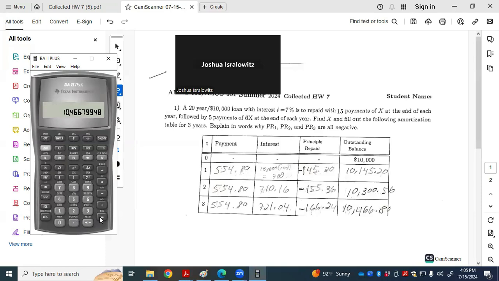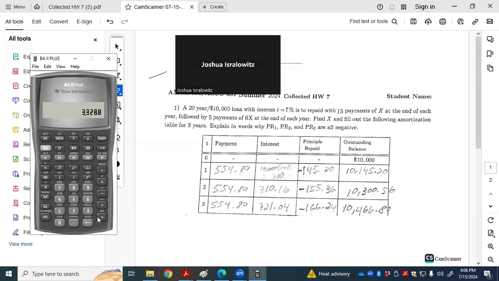And of course, because you're only paying X for the first 15 years, and then you're paying 6X, which is a lot more, basically 3,328.80 versus 554.80.